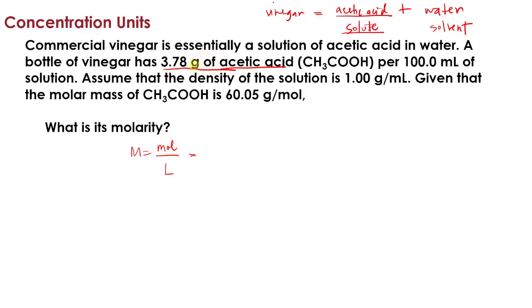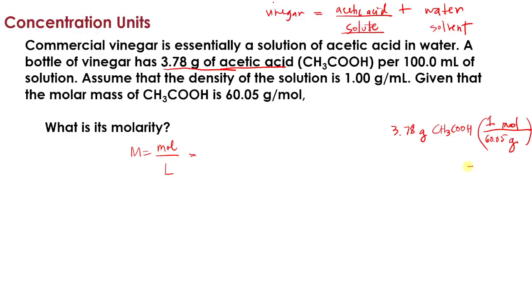Again here we need to determine the number of moles, and we can do that by doing a mass to mole conversion. So here again the mass is equal to 3.78 grams of acetic acid. Let's convert this one to its equivalent number of moles. Again, that's from grams to moles. So here, 1 mole is equal to 60.05 grams. It's already given, the molar mass of acetic acid.